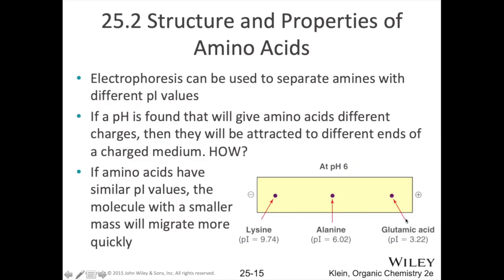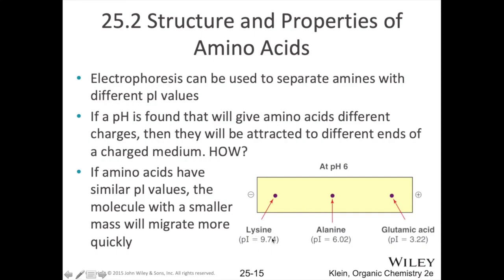So effectively, you're going to deprotonate that glutamic acid as much as possible. And if you're deprotonating it, that means it's going to be relatively negatively charged. It's going to be an anion, and that's why it gets attracted to the positive electrode.